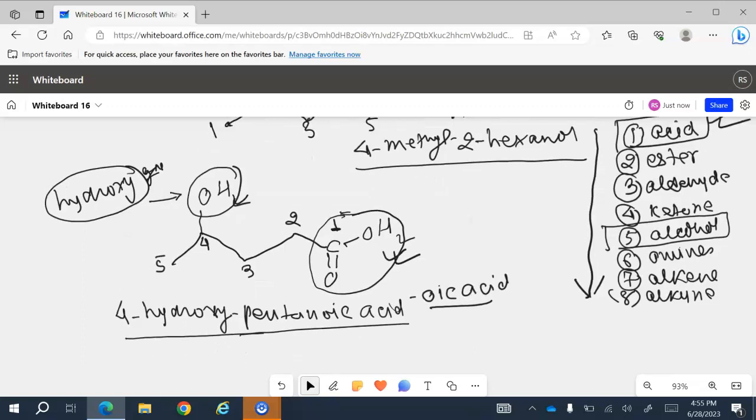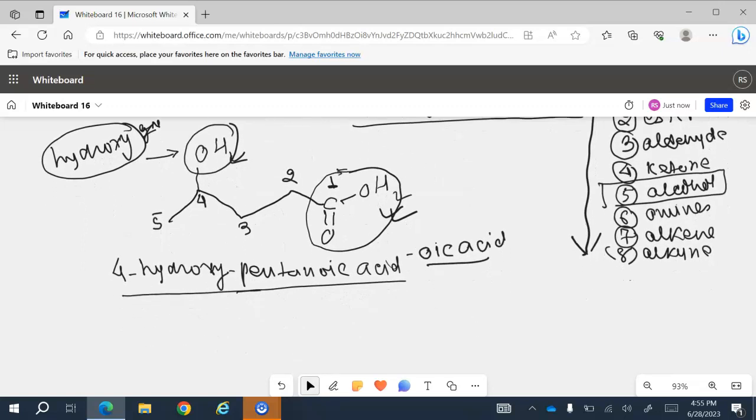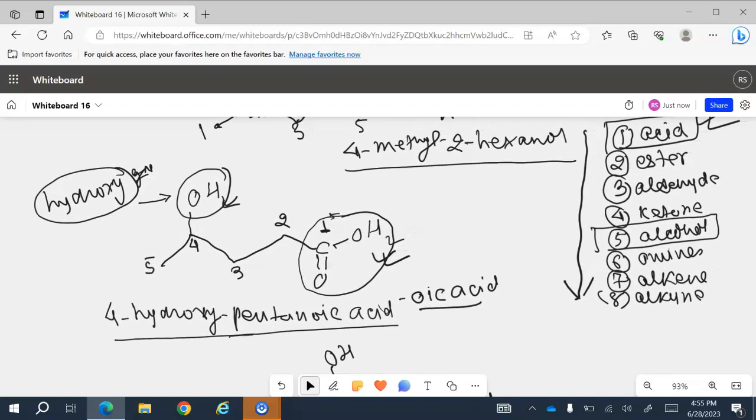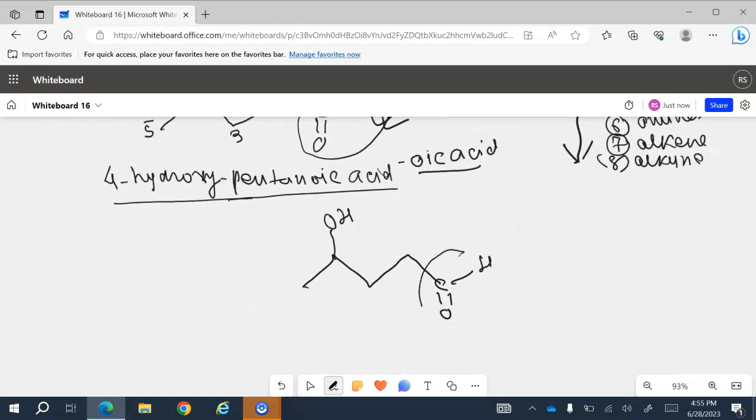Let us see one more example in this category. Say for example, there is an aldehyde functional group, and also there is an OH group. Again, as you can see in this list, aldehyde has higher priority than alcohol, and aldehydes are named by adding the suffix al.